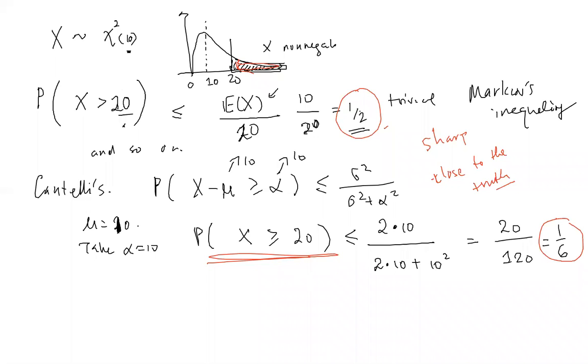All right. Just out of curiosity, we may want to calculate what this probability actually is. So I'm going to calculate it in R. Just a minute. So the actual value from R is 0.029.